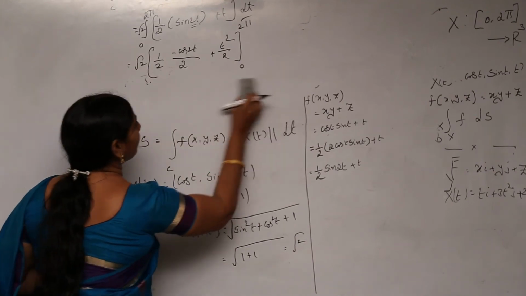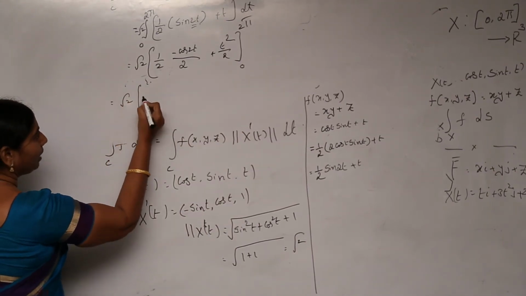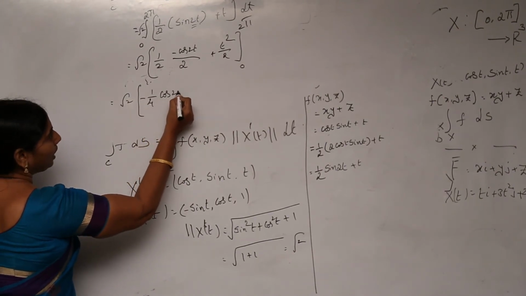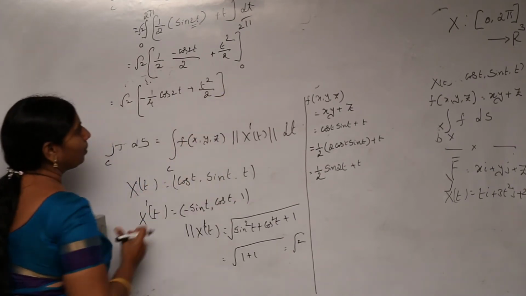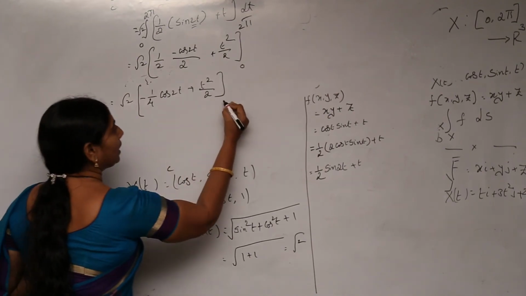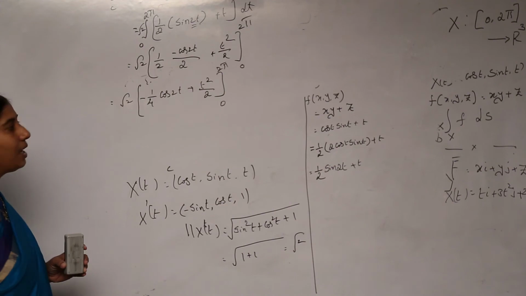So this is root 2 multiplied by minus 1 by 4 cos 2t plus t squared by 2. Now it's time to substitute the limits of integration, 0 to 2 pi.